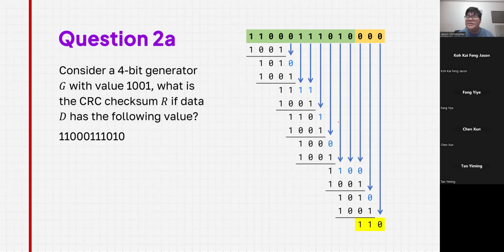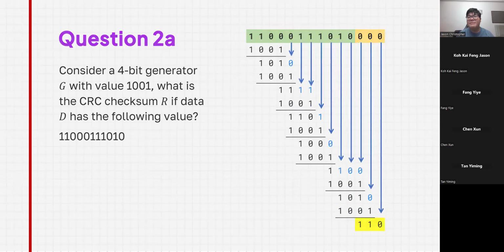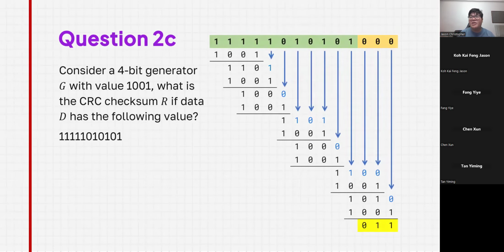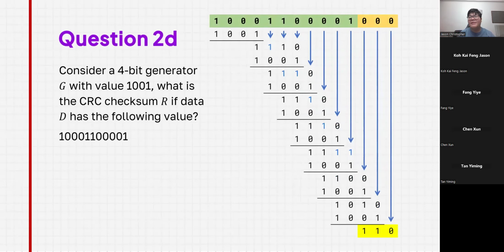Any questions for this? Note that we don't care about the quotient here, so it's fine to omit this, unless the question says that you have to include the quotient. With the same method, we can apply it to the second question, which gives us 011. The third question gives us 011 also. And finally, 2D gives us 110. Okay, so that is for question 2.